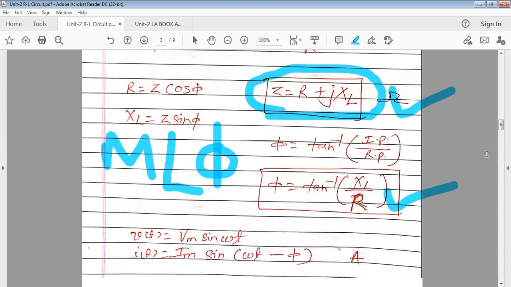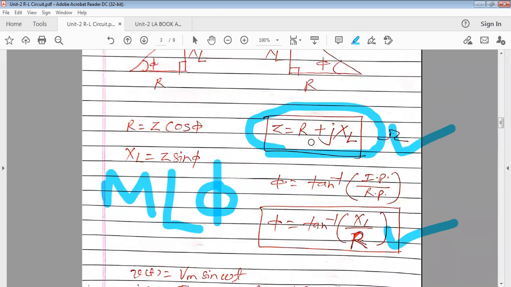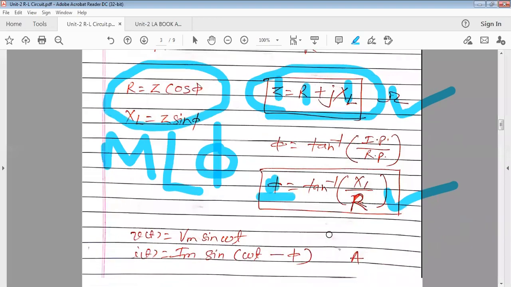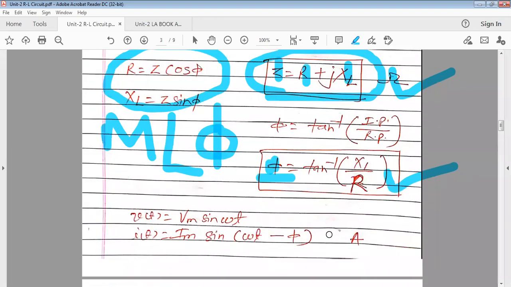Sometimes R and L are given to you, and you get asked to calculate the power factor. So how you can calculate if R and L are given? Using R and XL you can calculate Z. Using this formula you can calculate cos phi, or phi you can calculate using tan inverse of XL by R and then cosine of this angle. Any formula you can use. Okay. And nature of power factor will be lagging or leading.